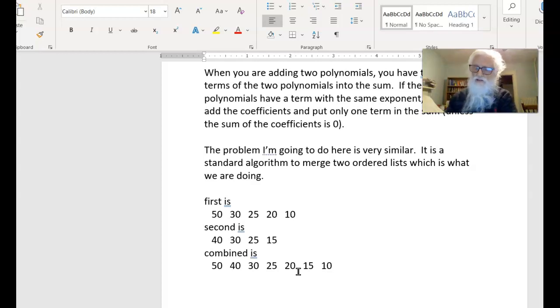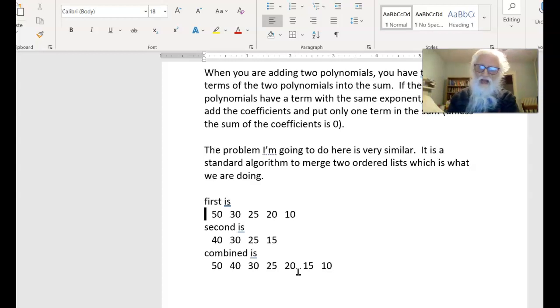And what I want to do when I finish is have one list that contains all these numbers and has no duplicates in it. Now, in your case, that's very similar. Where I say duplicates, you're looking at terms that have the same exponent in both parts.